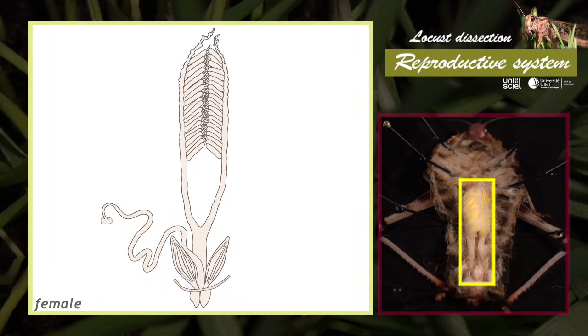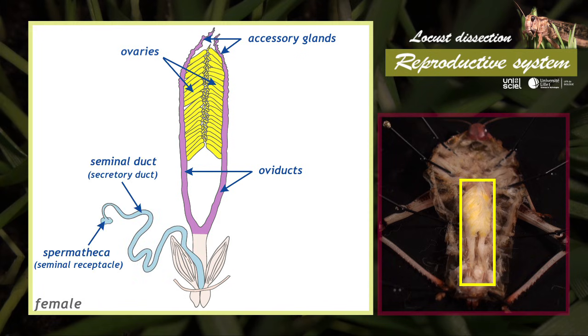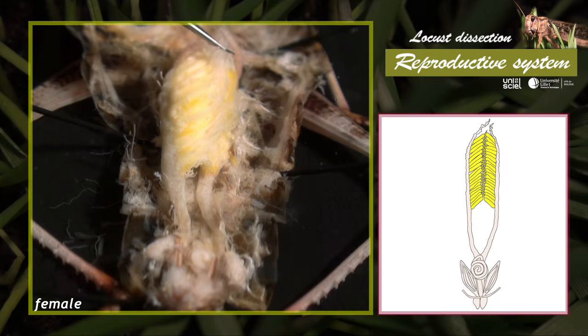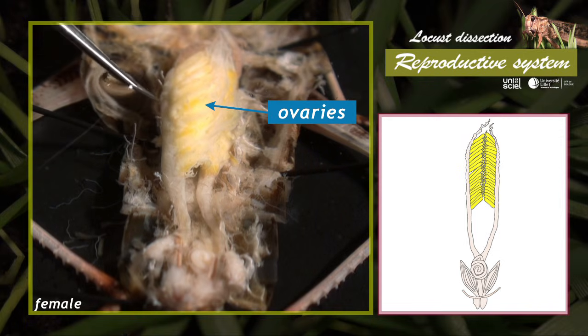The female reproductive system is composed of 2 gonads, the ovaries, 2 oviducts, surmounted by 2 accessory glands, 1 spermatheca, and the vagina. A pair of ovaries occupies the anterior half of the abdomen.